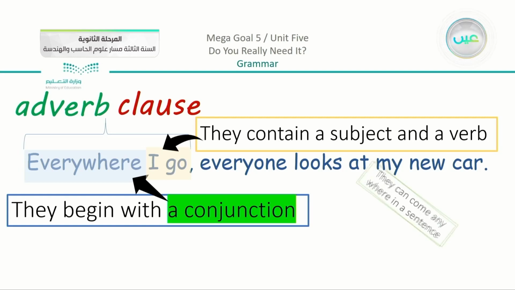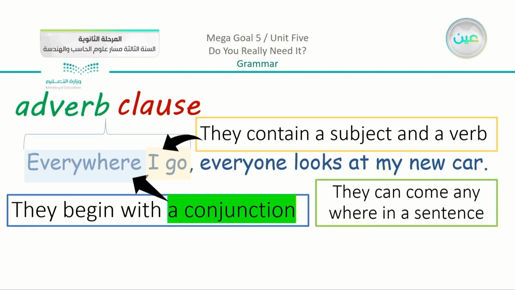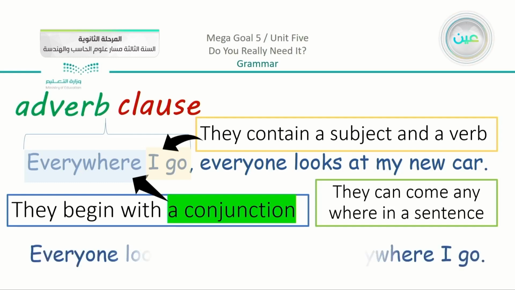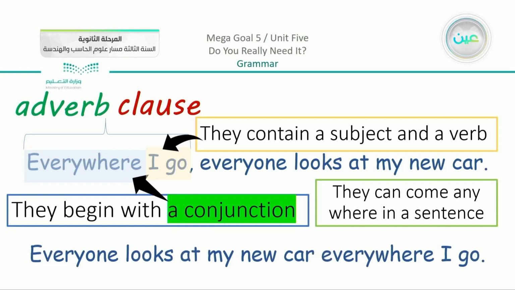And the third point, we know that they can come anywhere in a sentence. So I can put it in the beginning and say, everywhere I go, everyone looks at my new car. And I can rearrange the sentence and say, everyone looks at my new car everywhere I go. Here you can see that the meaning does not change, but the sentence order changed.